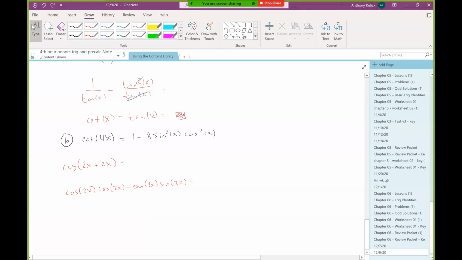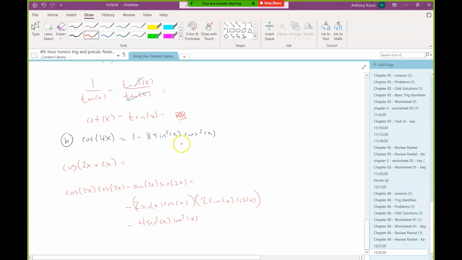And then let's see. Well, sine 2x, I have only one option of what I want to do there. This is just going to be 2 sine x cosine x.